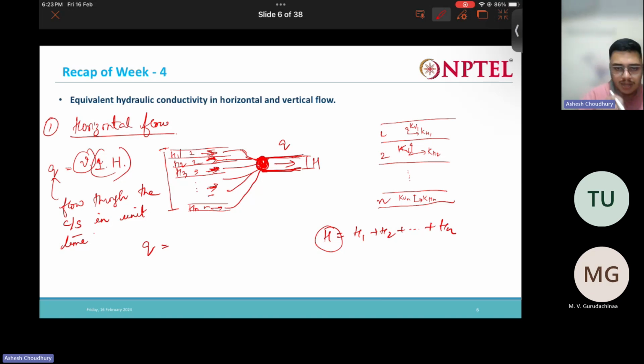Total h times 1 is the area. So for all of these layers, similarly we can write v1 into h1 plus v2 into h2 plus dot dot dot vn into hn, where v1, v2, vn are the velocities of flow in each of these layers, and h1, h2, hn are the thicknesses of the individual layers.